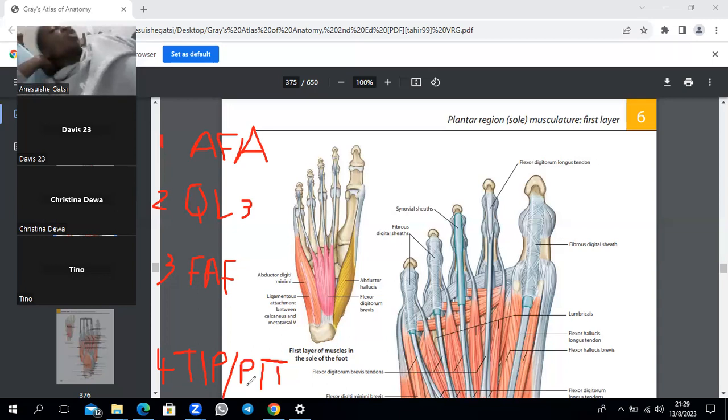So not all these muscles are intrinsic to the foot. Some of them are actually going to be extrinsic. By extrinsic, we mean tendons of muscles that are coming from the posterior leg to enter the foot. Not only from the posterior leg, because remember when we did the lateral leg, I mentioned peroneus longus.